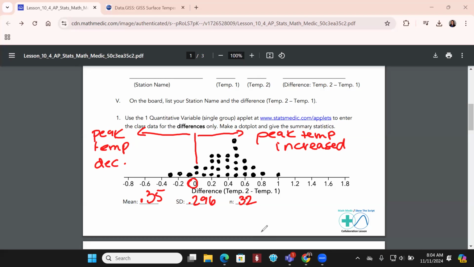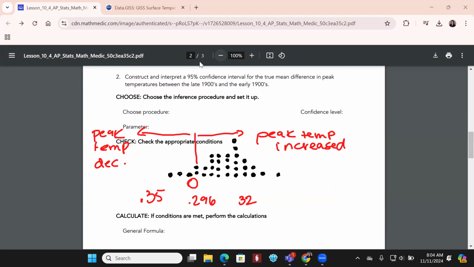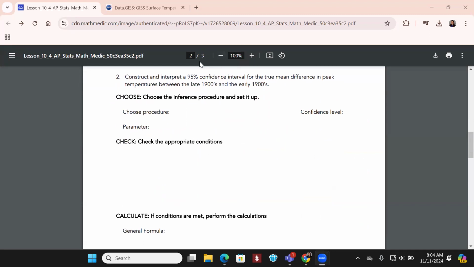Oh my God. All right, flip the page. All right, so this is what we call matched pairs t interval. Matched pairs t interval. I know.